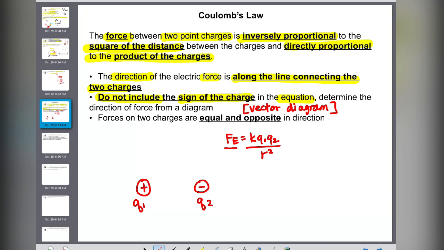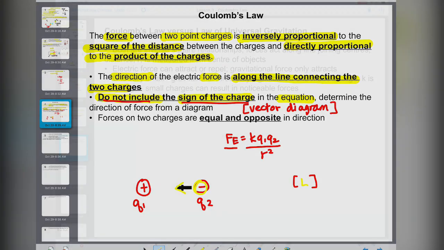I don't put the sign in the equation. But after I'm done the math, I do put a direction. Say if I'm focusing on this charge right here, they are opposite charges, meaning they're attracting, so the direction would be to the left. I'm going to write the direction is to the left.